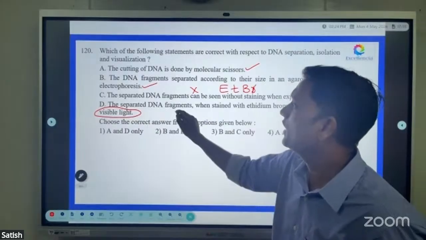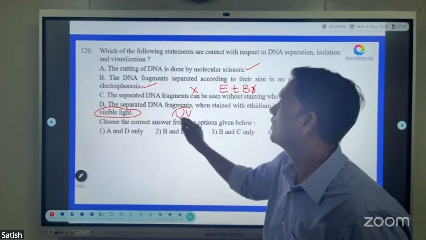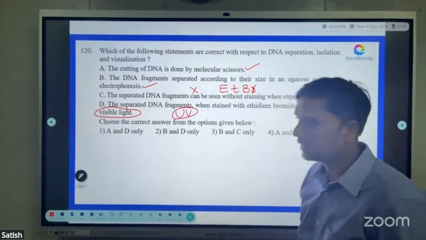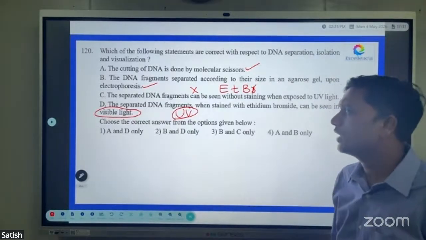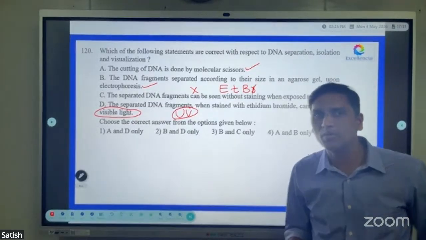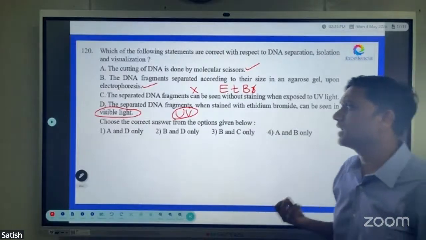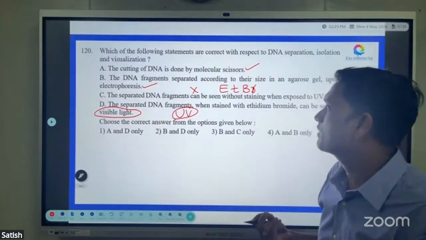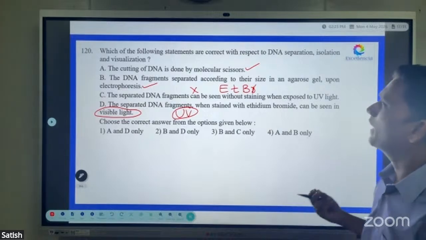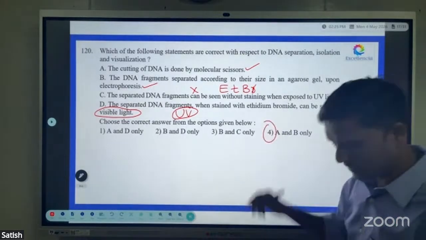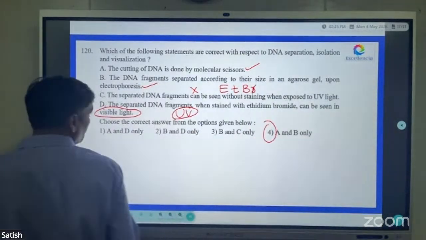We need a UV transilluminator, UV light, right? And the DNA fragments can be visualized in the form of bright orange colored bands. So here the correct statements are A and B only. Fourth option is the correct answer, A and B.